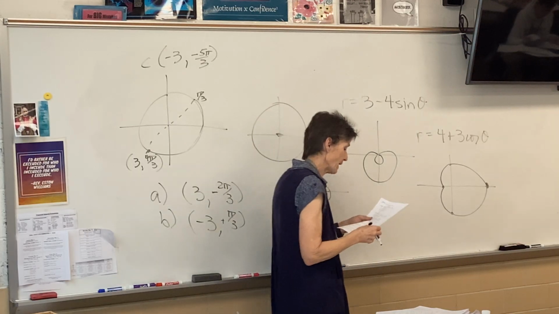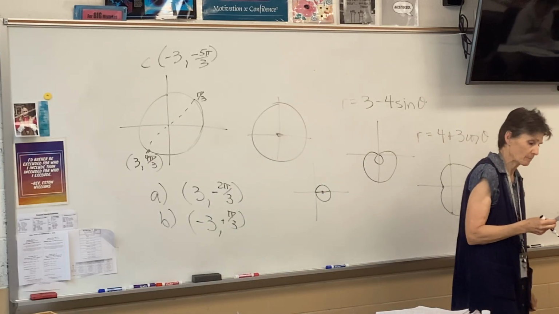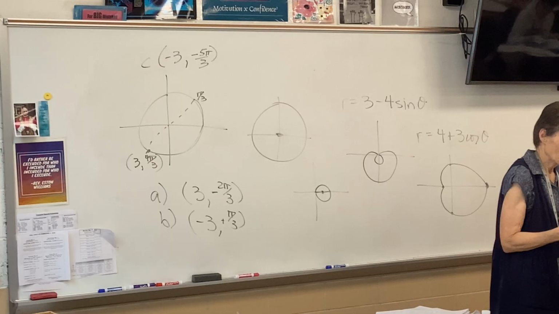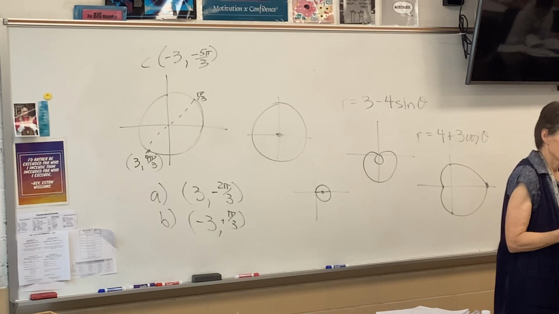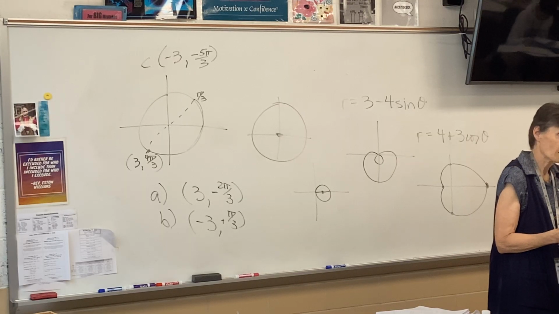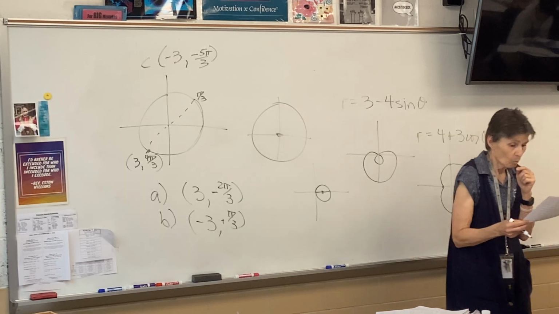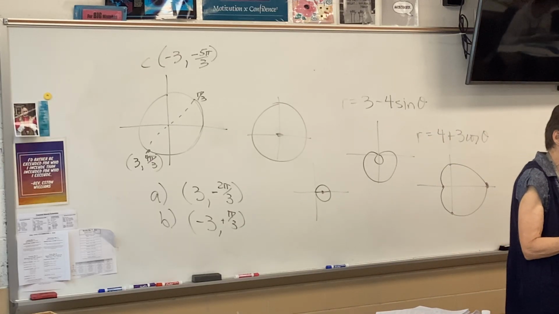And what about the last one? 3 cosine 5 theta. What do we got there? It's a rose. You go out 3, and you have 5 petals. Right? Okay. What point is the furthest from the pole in this equation?